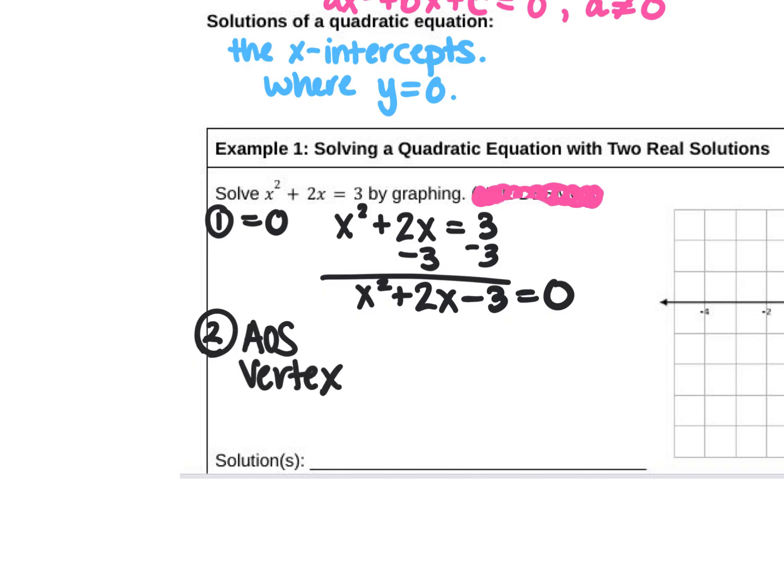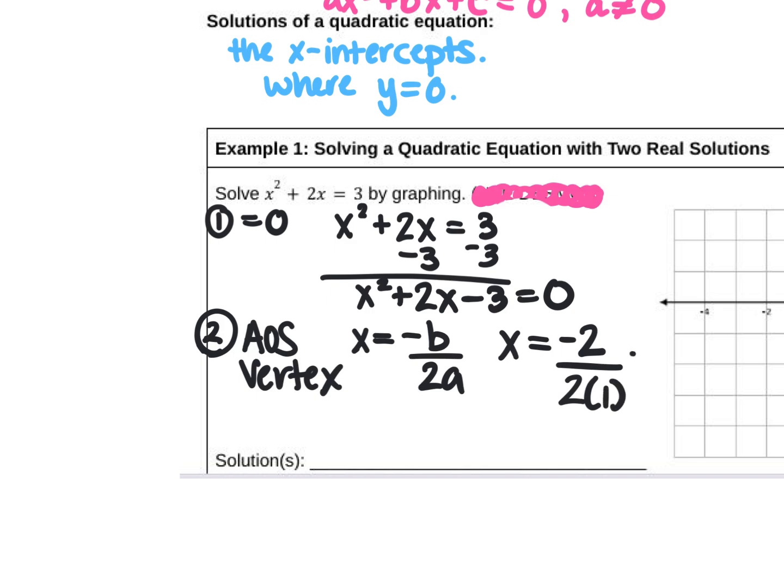Remember, axis of symmetry is negative b over 2a. So in this one, we did negative 2, because that's your b value, over 2 times 1. So we simplified that, and we got negative 1.